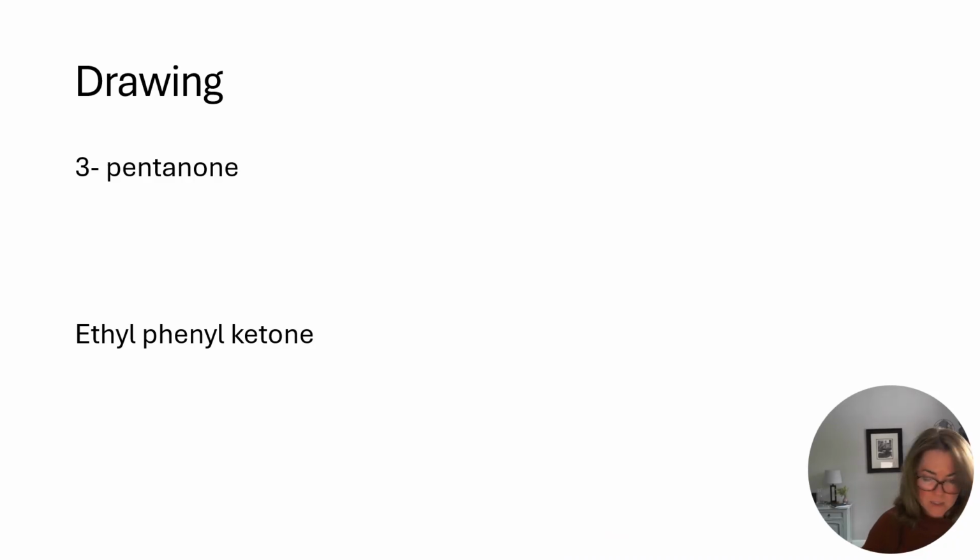Okay, so lastly, what we're going to do is take the names and draw our ketones. So here I have a 3-pentanone, so that pent tells me that I have 5 carbons. So 1, 2, 3, 4, 5. And my carbonyl is on carbon number 3.